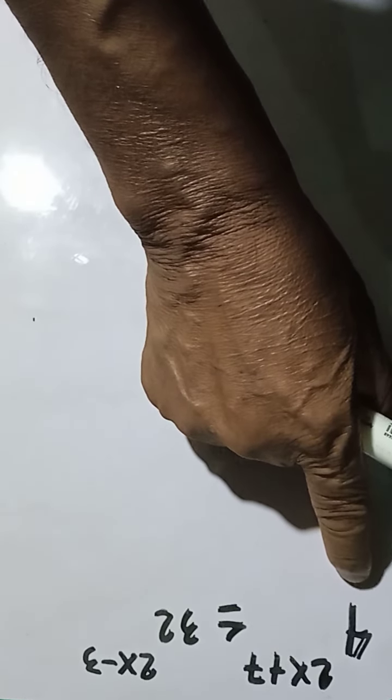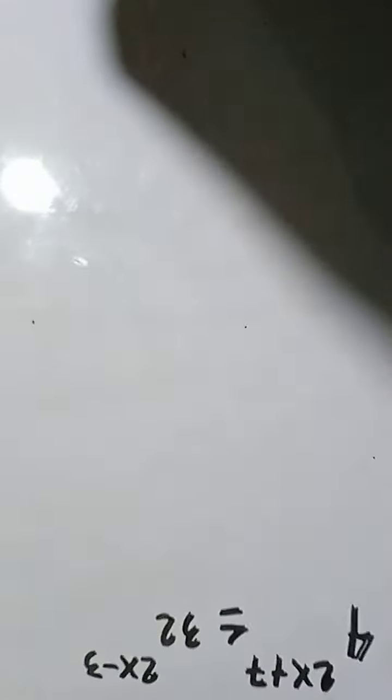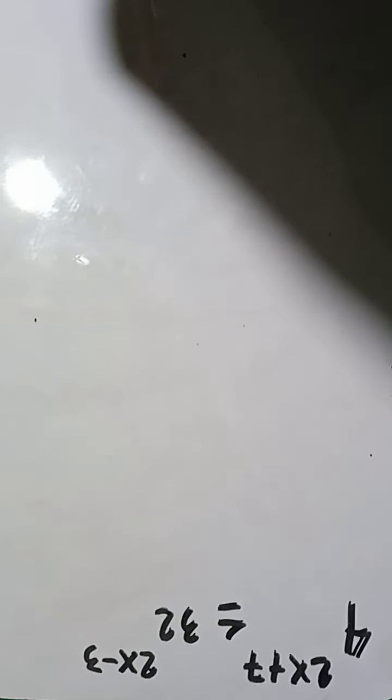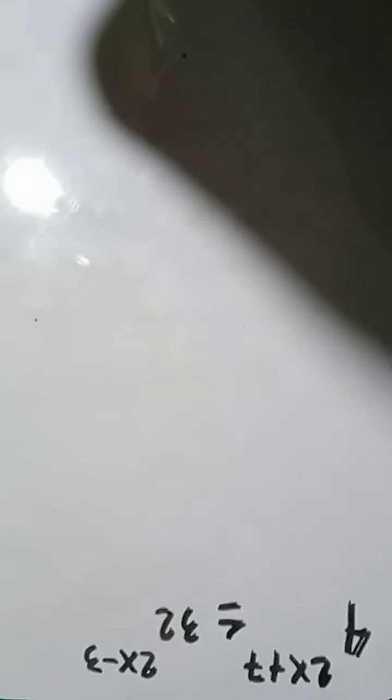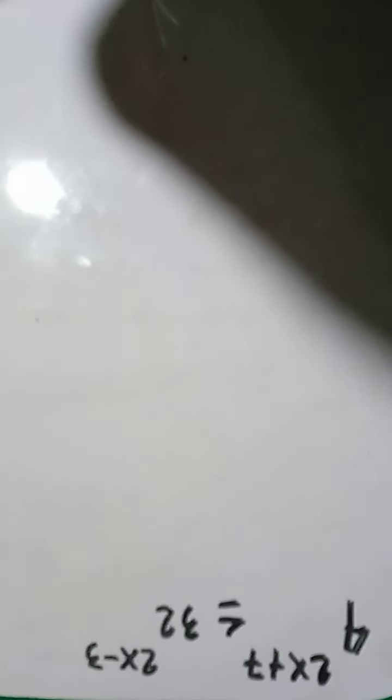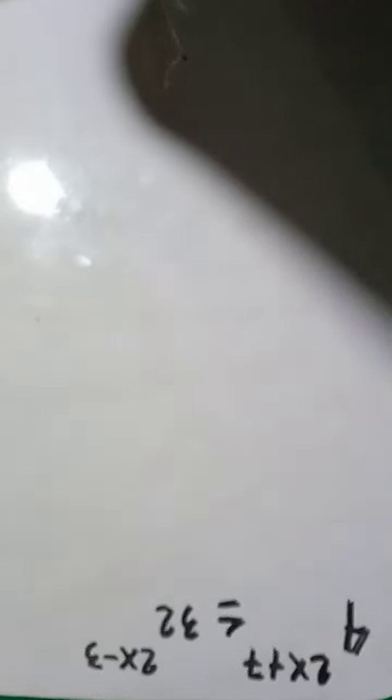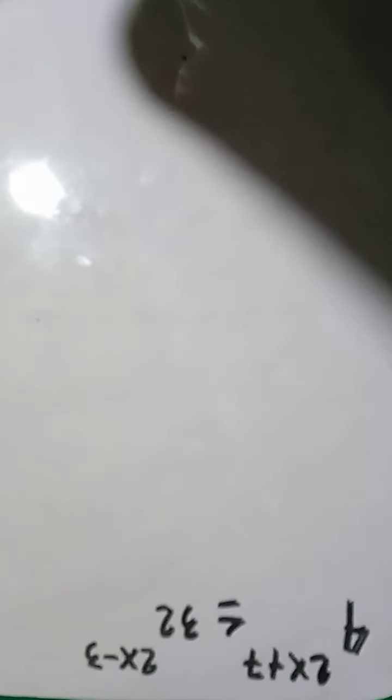Instead, the factor here is 2 raised to 2x plus 7, and also in 32 the factor is not only 2 but 2 raised to 2x minus 3. And so realizing the error, I would like to solve it now here.